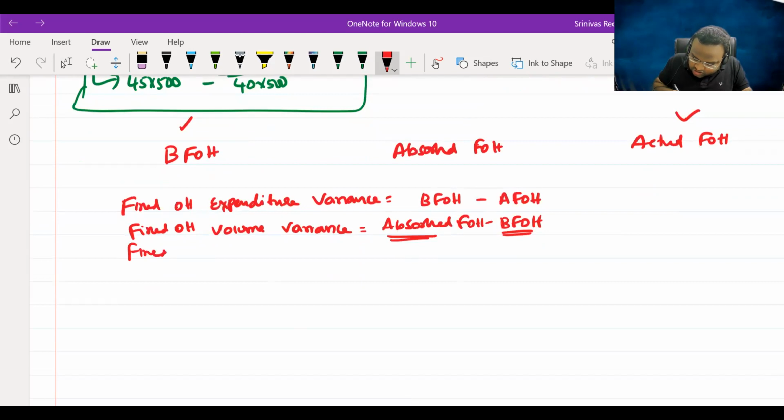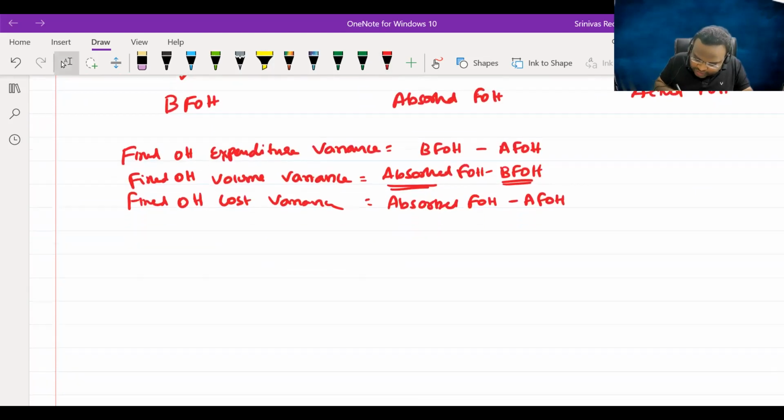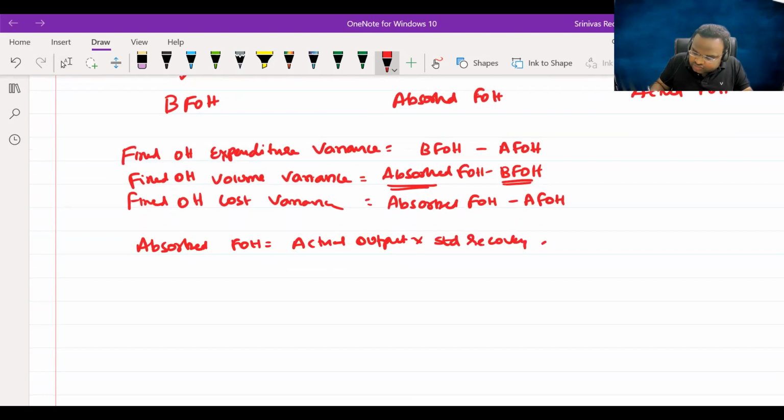Now fixed overhead cost variance is equal to the sum of these two, right? Budget gets cancelled. Absorbed fixed overhead minus actual fixed overhead. How will you arrive at absorbed fixed overhead? Absorption is based on actual output, into standard recovery rate.